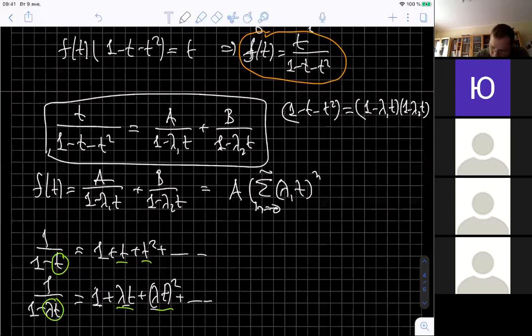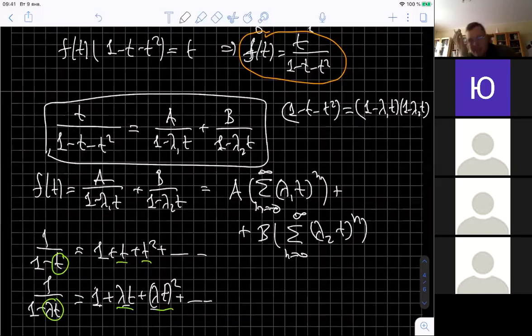And so if we do the same, we can write this as a sum of these infinite formal power series. And so we just proved the same theorem that I talked with you about in the previous lecture.